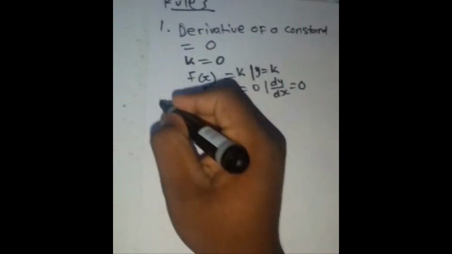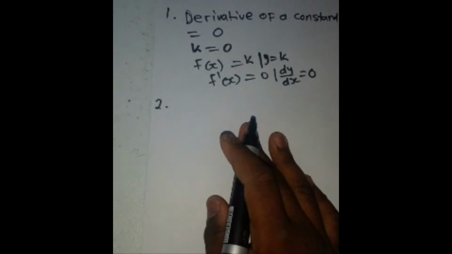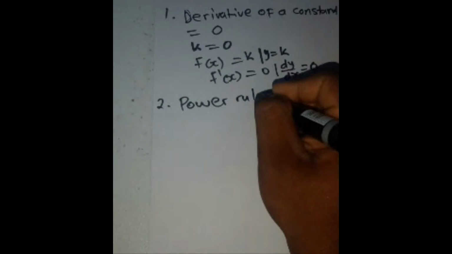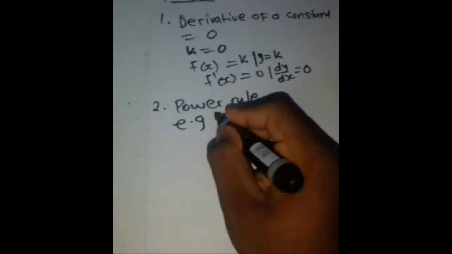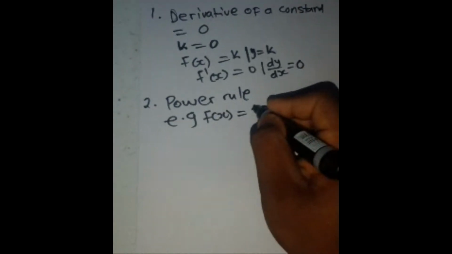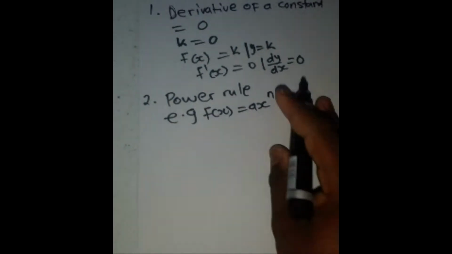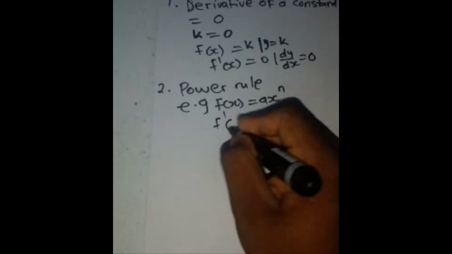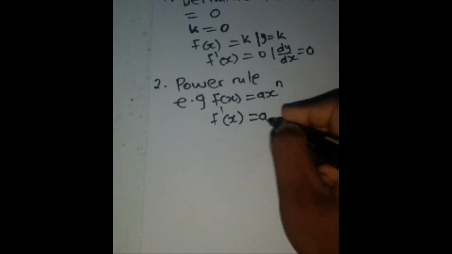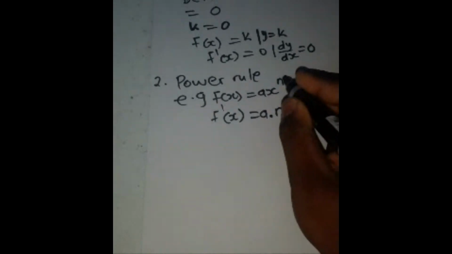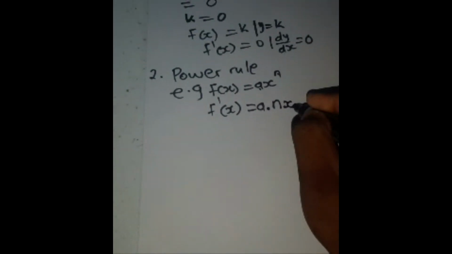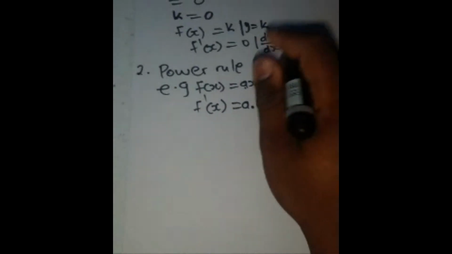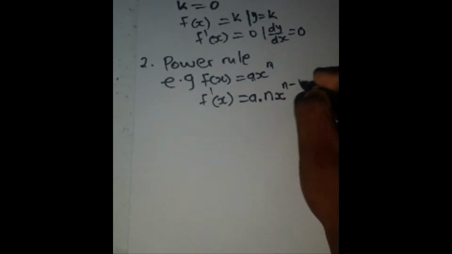Number 2, let's talk about the power rule. For example, f of x equals ax to the n, and if it is like this, the first derivative is going to be a times n, and then you write your x, but in the power there, it is n minus 1.